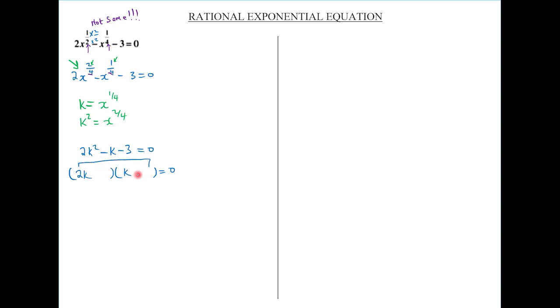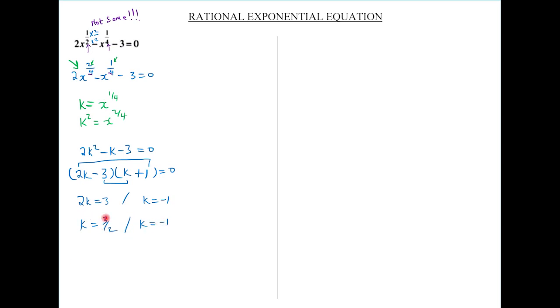So it's going to be 2 times 1, and then this with that to get the middle term, and then this needs to be negative, and then that needs to be positive, right? So let me just see if I get that right. Oh no, sorry, I got it wrong. It's the other way around. This is negative and that should be positive. There we go. So this then means now here 2k is equal to 3, or k is equal to minus 1, and then k is 3 over 2, k is equal to minus 1, right?